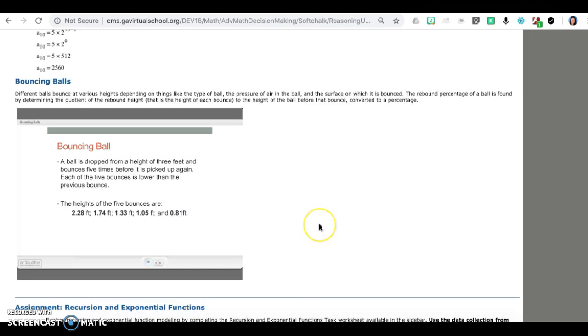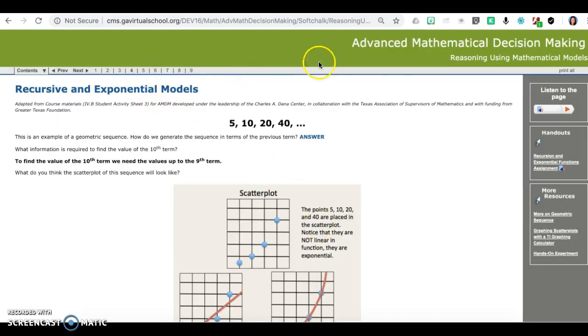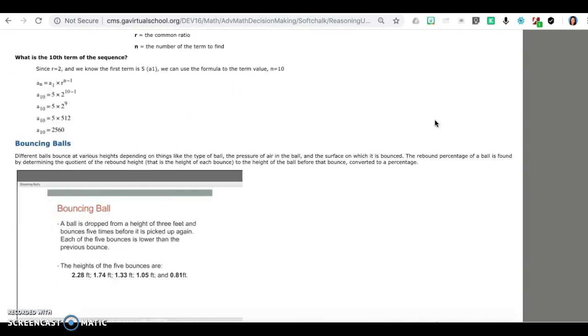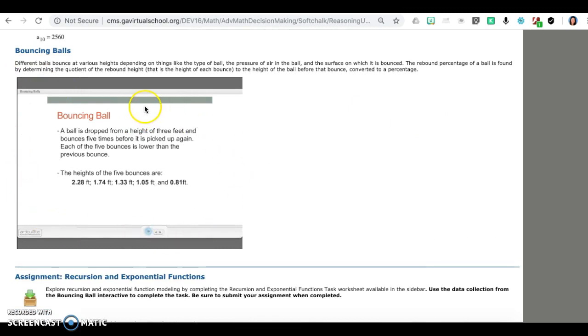And that is over here on page 4 of your Reasoning Using Math Models module. So if you view this video right here, it's going to lead you through how to complete that.